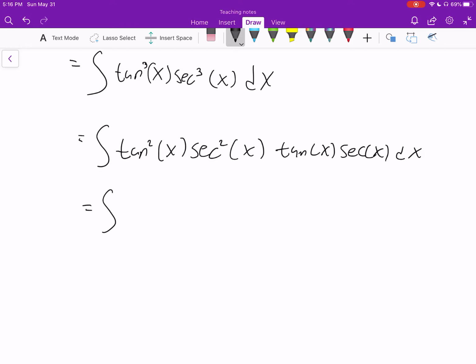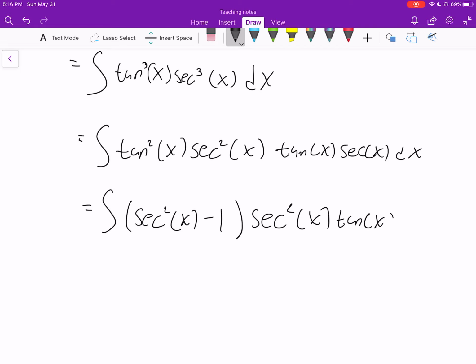Tan squared is going to be secant squared minus 1, sorry, doing that in my head. And then I have a secant squared x tan x secant x dx.